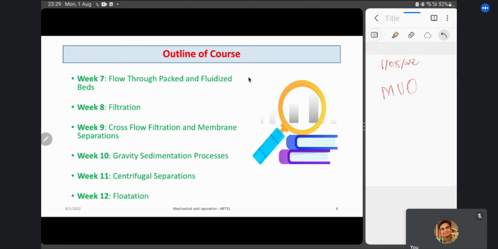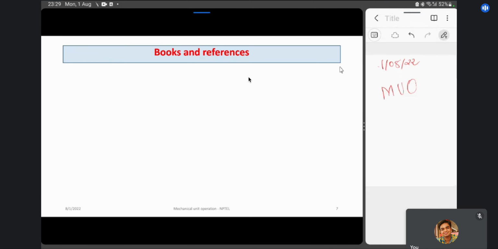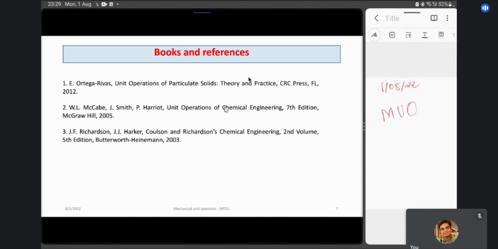Okay, so now books and reference have already been discussed by the professor, but you should also make a note of all the important books. We will discuss some topics from Unit Operation of Particulate Solids, Theory and Practice, by E. Ortega.